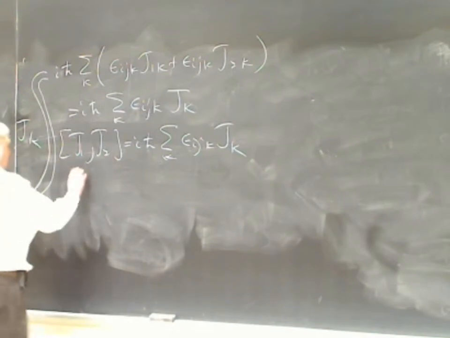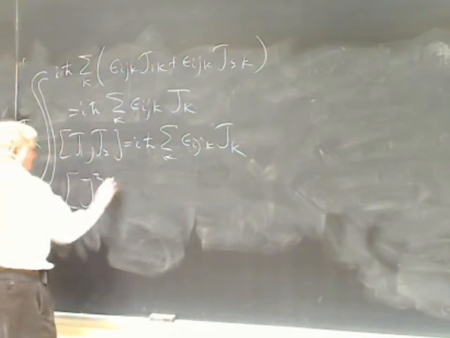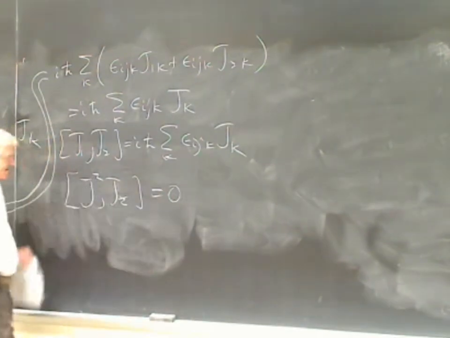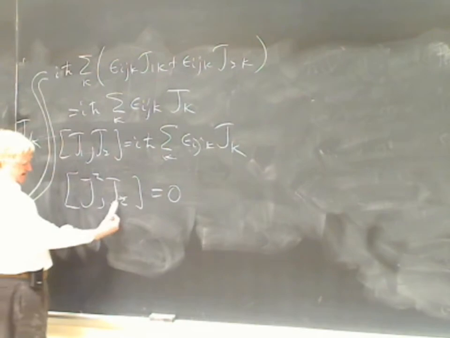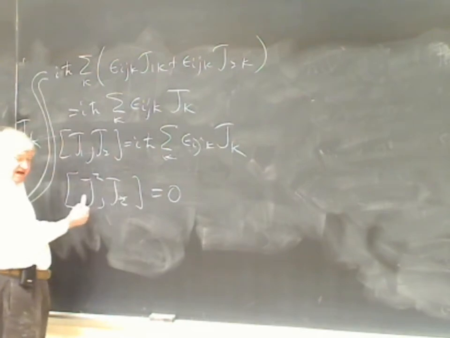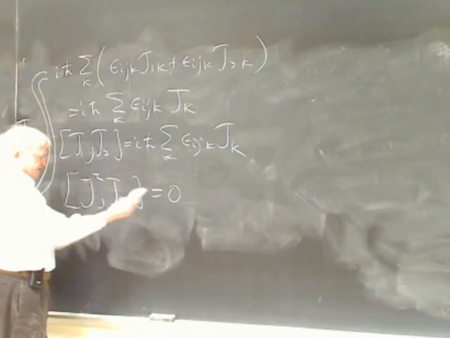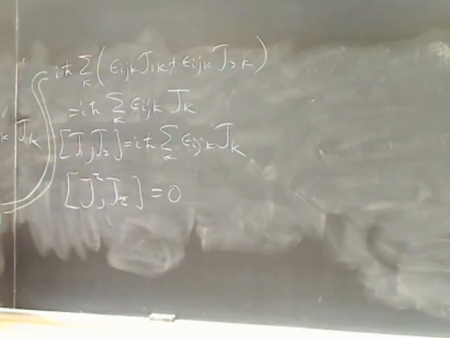In particular, we know that J squared will commute with JZ. That's one of the relations. Another way of saying this is, since this is an angular momentum and since this is a scalar, the scalar doesn't change under rotation, so that commutator is 0. Any questions? All right.